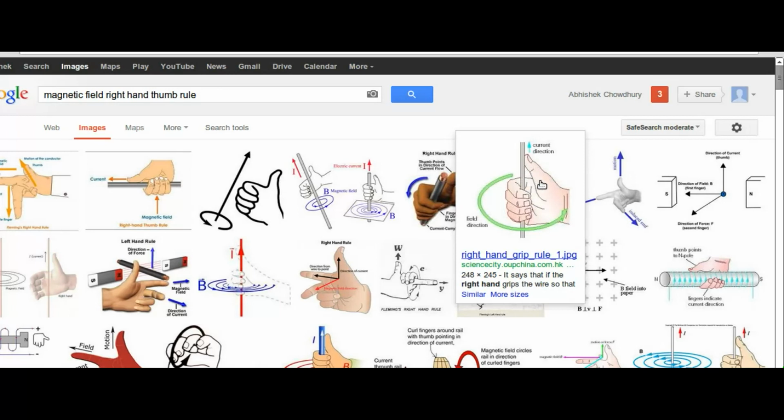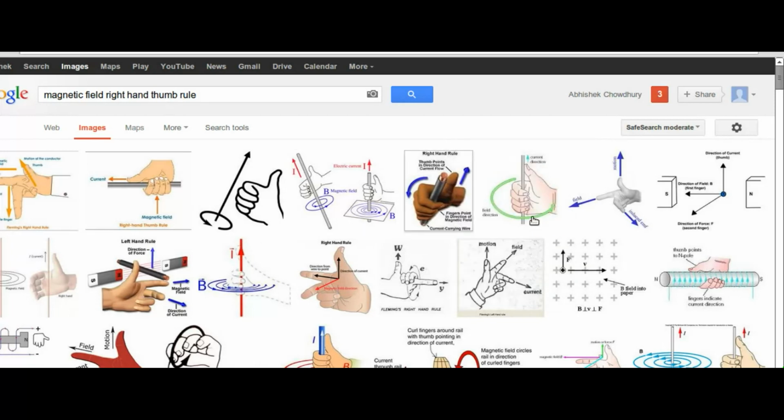In this case our thumb will point towards the direction of current, and once it points towards the direction of current, I will curl my fingers around the wire. The direction of curling of my fingers will give me the direction of the magnetic field.